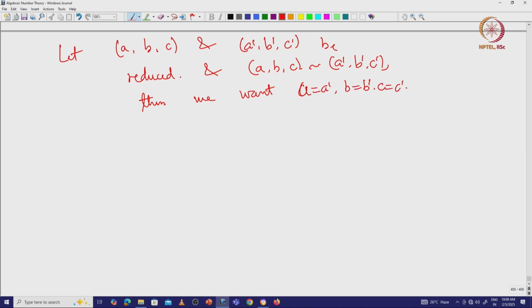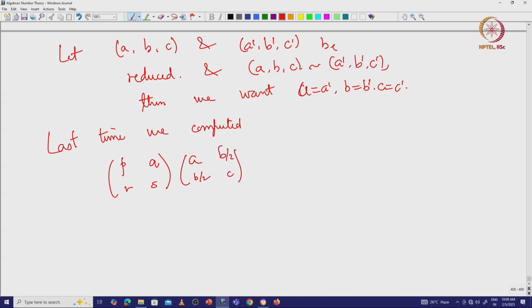Okay. So, we computed last time P Q R S, A B by 2, B by 2, C and P Q R S, right.